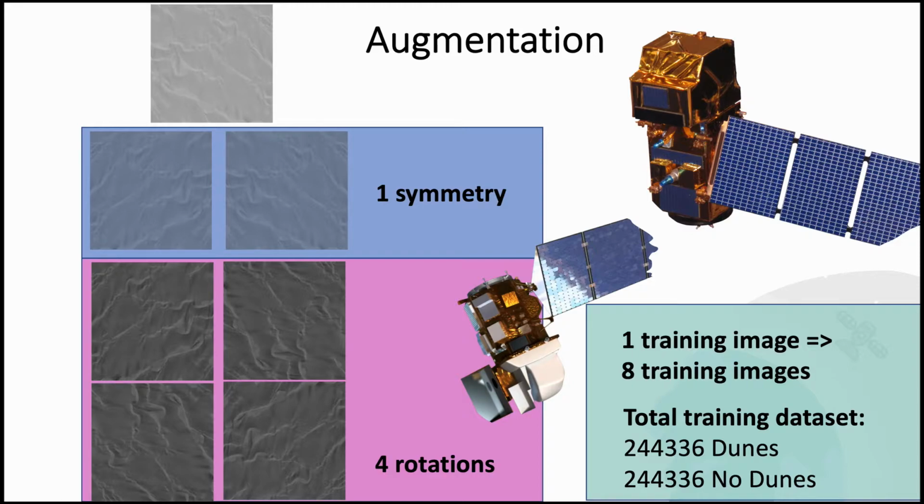So the training set that we'll use to train our algorithm has 244,336 images with dunes and the same number of images that don't have dunes. So it's completely balanced, and it's nearly 500,000 images large.